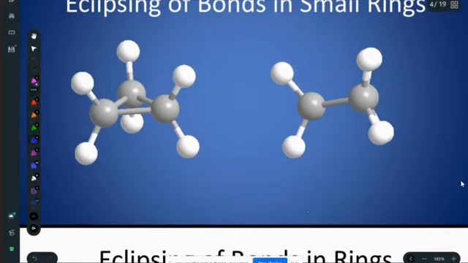If I were to draw a Newman projection of what this looks like, I would have my front carbon with hydrogen, bond to hydrogen, bond to hydrogen, bond to carbon, and my back carbon would be perfectly eclipsed with the front one. So in a three-membered ring, all the bonds are perfectly eclipsed.